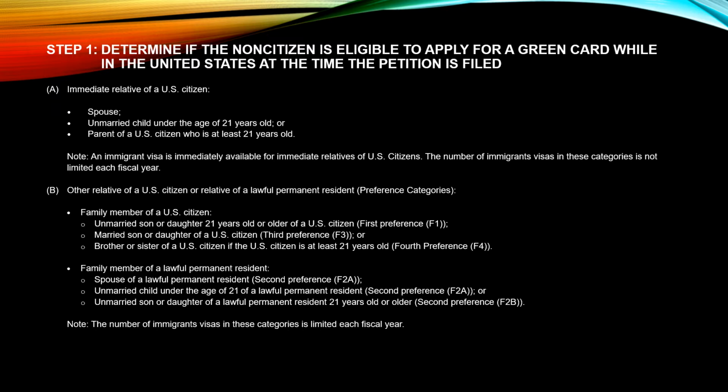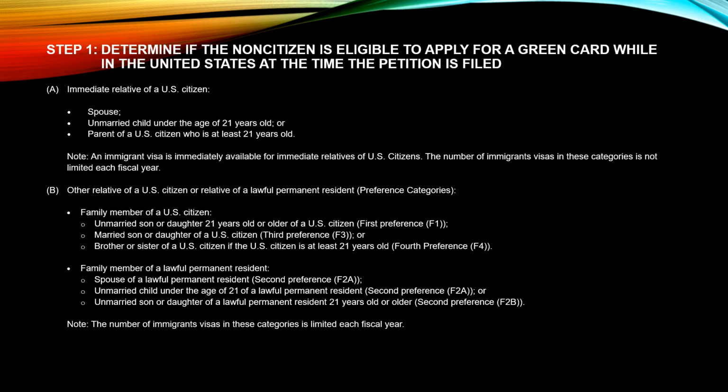In order for an individual to file under the family-based preference categories, the individual has to be the family member of a U.S. citizen who is unmarried, son or daughter 21 years old or older, the married son or daughter of a U.S. citizen, or the brother or sister of a U.S. citizen who is at least 21 years old.